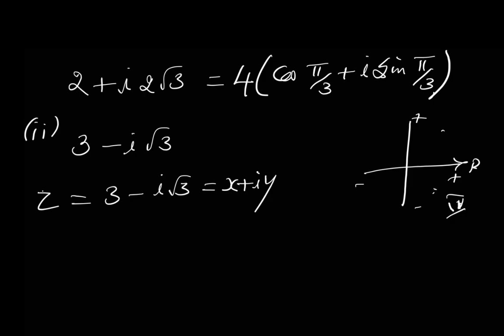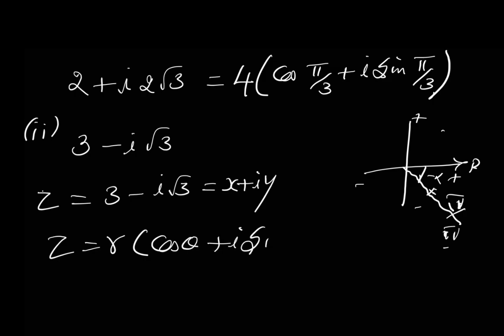This point lies in the fourth quadrant. So this point's line makes an angle here, and we will always take minus alpha, since it is in the fourth quadrant. First find r.